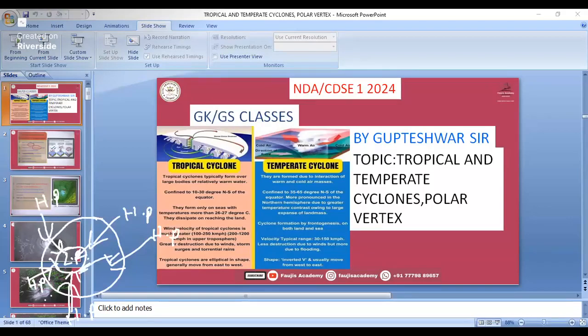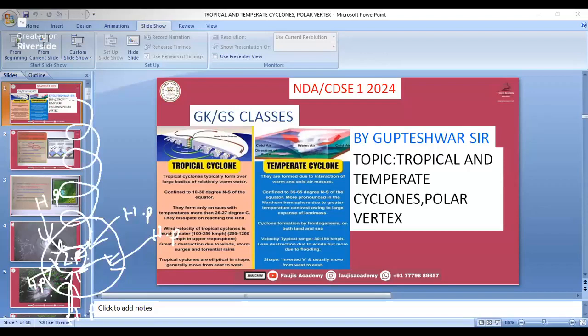This warm air, you all know, ascends. So what will happen when the warm air is blowing in these tropical areas? Due to the high pressures from all those directions, it will start rising, and it will rise in a spiral manner, or you can say in a circular, cyclic manner.